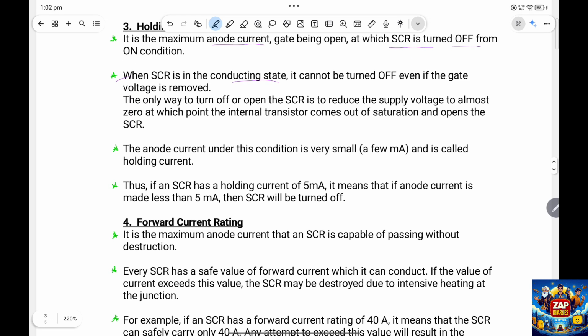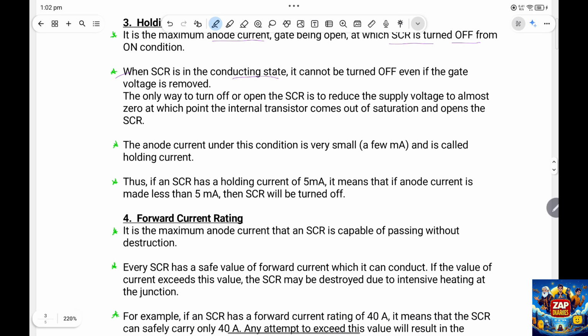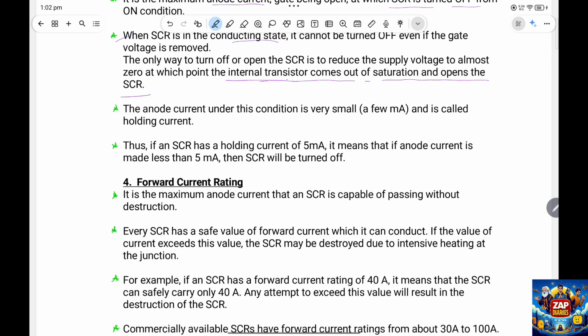Anyways, the only way to turn off or open the SCR is to reduce the supply voltage to almost zero or negligible, at which point the internal transistor comes out of saturation and opens the SCR. The anode current under this condition is very small, say a few milliamps, and this is called holding current.